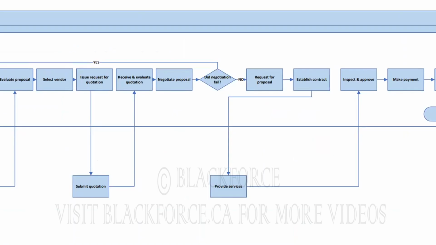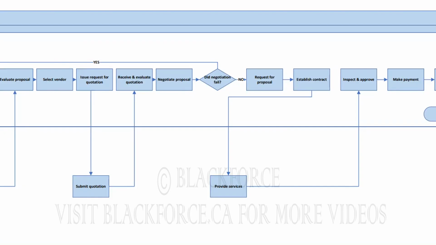So for the procurement life cycle, from that subunit where the vendor is successful, the procurement team starts. So we receive an internal request for things to be procured, and the procurement team issues a request for proposal.